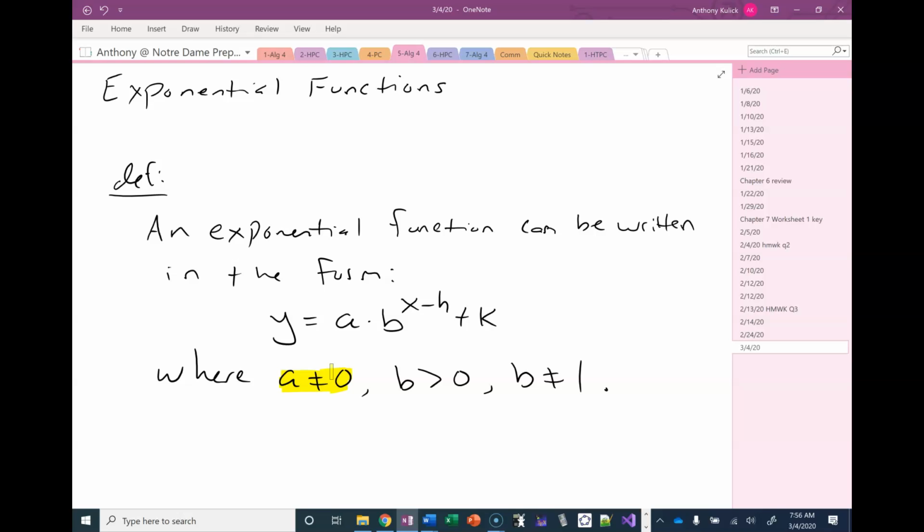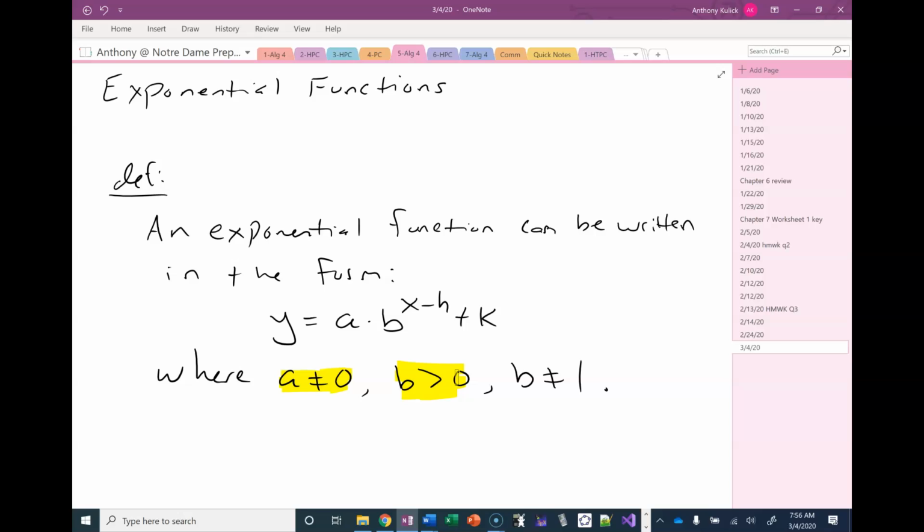Why are we requiring b to be positive? Why does b need to be positive here? It's a little bit trickier to see. So a negative inside of an exponential isn't necessarily a problem, but it could be for some kinds of exponentials.